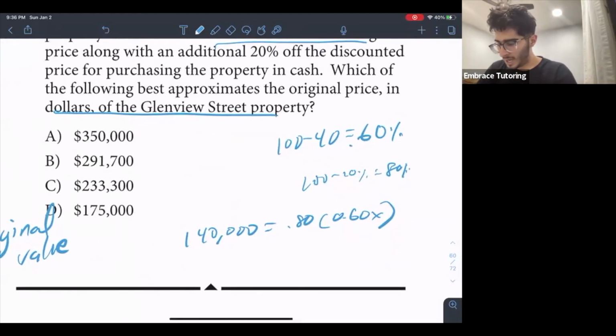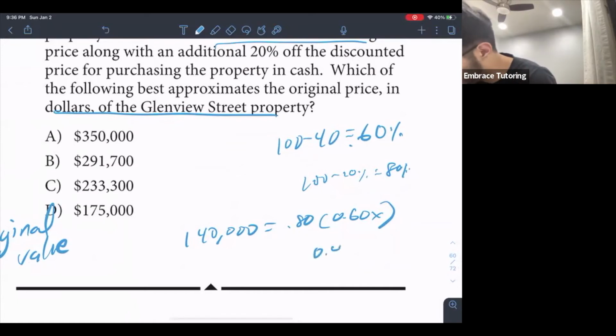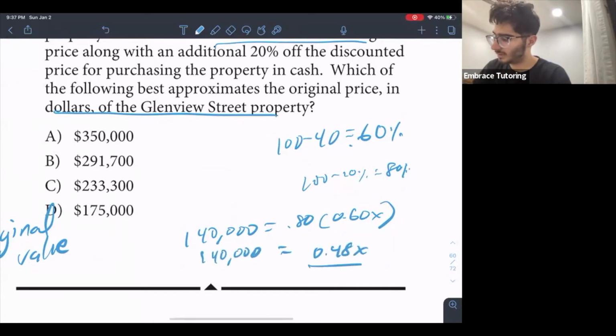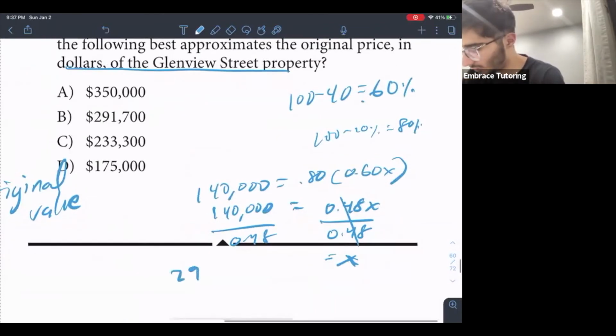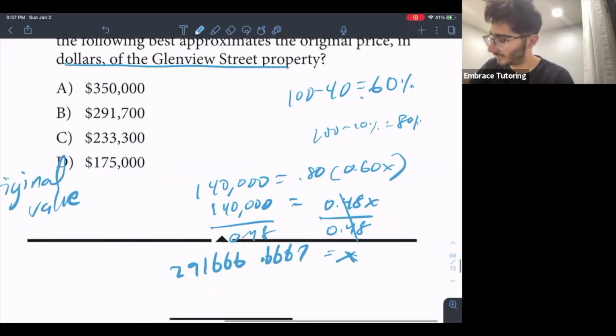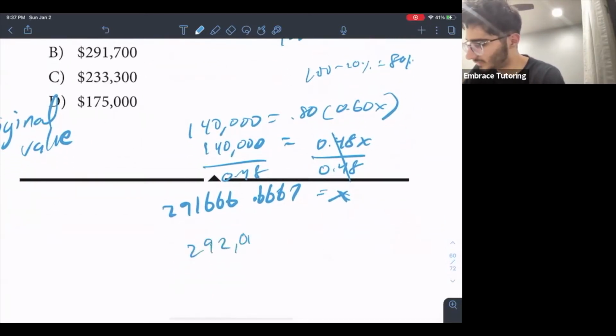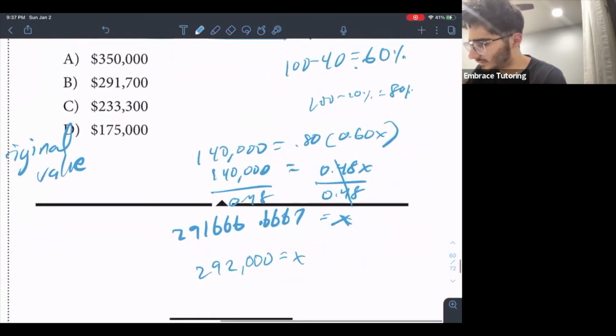So you do 0.80 times 0.60 to get 0.48x is equal to 140,000, and then divided by 0.48, x is equal to 291,666.6667, and that is approximately $291,700.